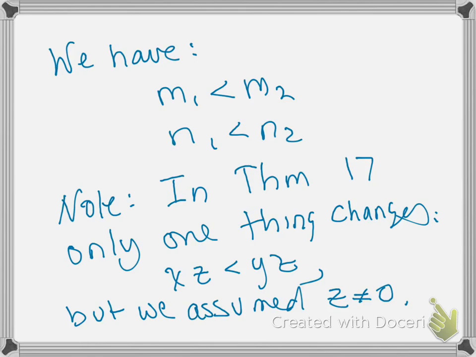But in our case, we have four numbers with strict inequalities between them. And we observe that in Theorem 17, only one thing changes, namely x times z is less than y times z. It's the same number, but we're assuming that z is not equal to 0.